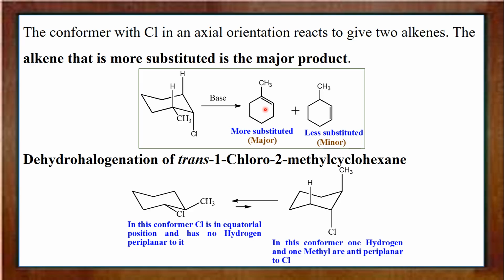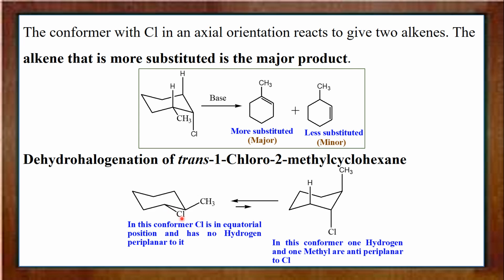Now let us move on to the dehydrohalogenation of trans-1-chloro-2-methyl cyclohexane. So these are the two conformations of trans-1-chloro-2-methyl cyclohexane.